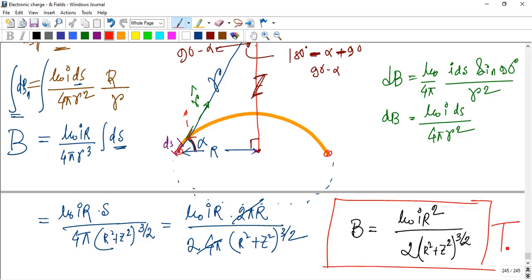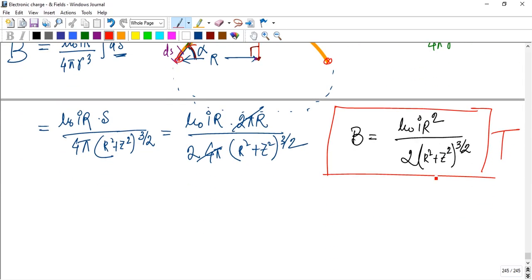It's measured in Tesla. That's the final expression we find.